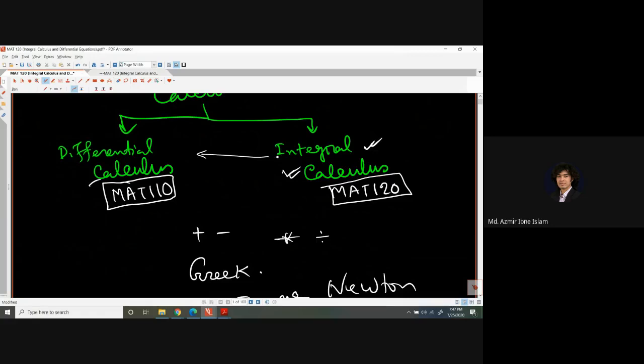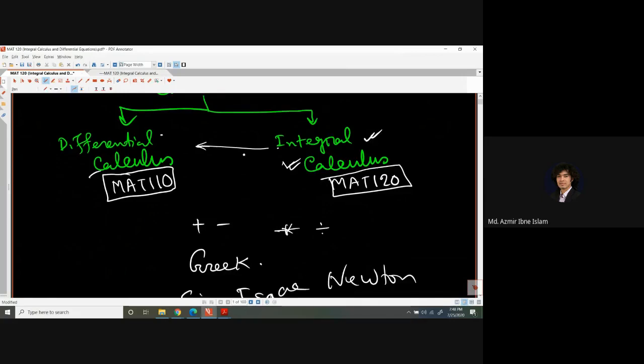Integration and differentiation are opposite of one another, okay. That means these two things are linked up. And this realization, that integration and differentiation are actually inverse operations, paved the way for today's modern calculus, okay.